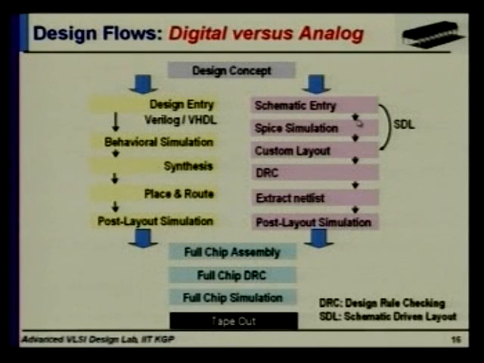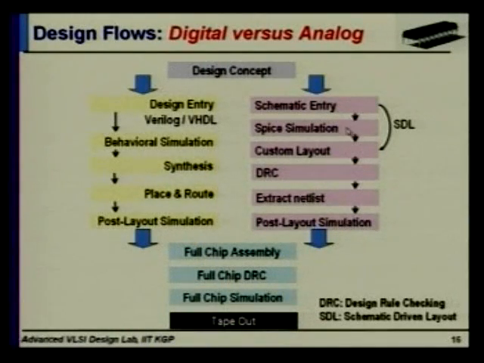In the analog, the design entry takes place using a schematic editor. You draw the circuit using that editor. Then you can do a SPICE simulation at that level, and then have a custom layout. So you first do this layout, then you do the design rule check, then extract out the netlist, and then simulate the netlist post layout.